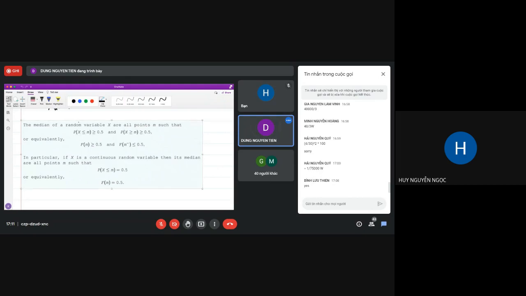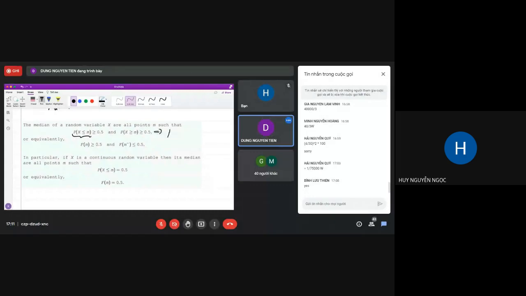Okay. And then you can see that the left-hand side of this inequality is simply F of m. So you can rewrite the first inequality as follows: F of m is greater than or equal to 0.5. The second inequality, what do you get?